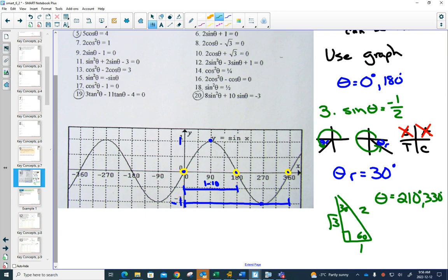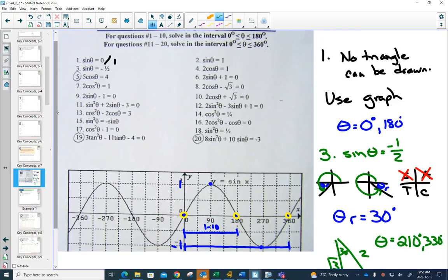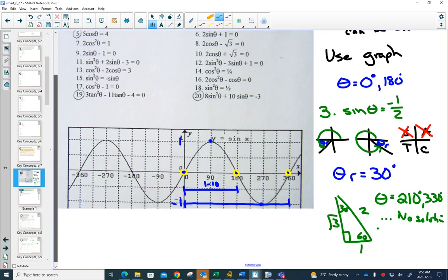But for questions 1 through 10, they just wanted you to say answers between 0 and 180. How many of our answers were between 0 and 180? None. So this one has no solution. Maybe you want to clarify for yourself: between 0 degrees and 180 degrees.